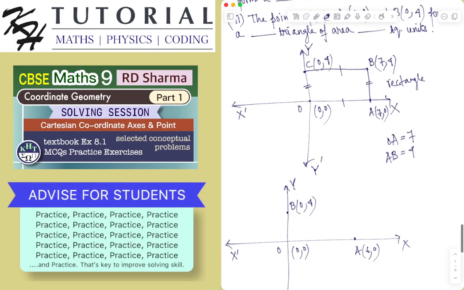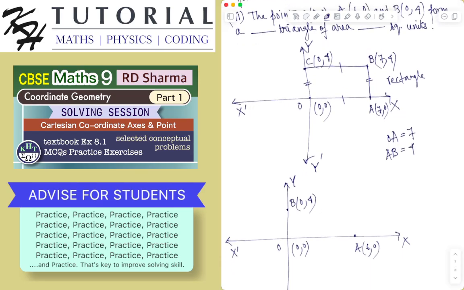Okay, so we have the points O, A, B. So clearly, OAB is a triangle, and of course the angle BOA is 90 degrees, since the Cartesian coordinate axes intersect at right angles. So this is a right angled triangle.